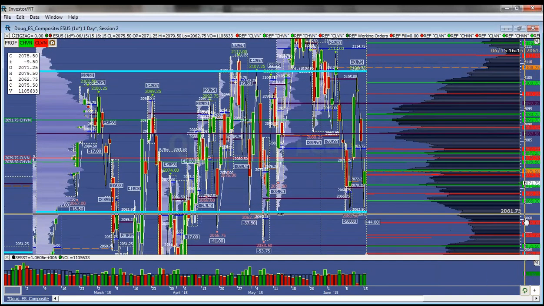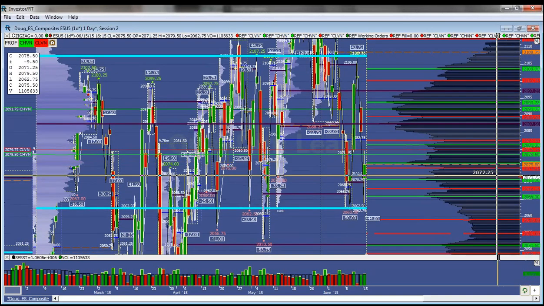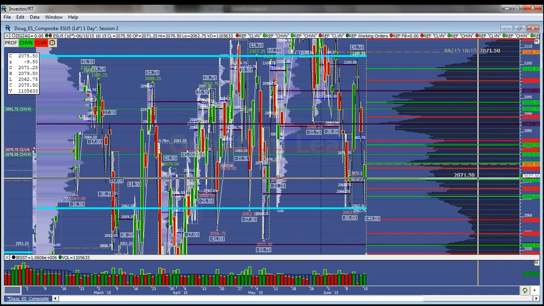It's sometimes difficult to grasp when you get a double distribution and you get that LVN area between the two distributions, and you have to consider it as balance because it's a long-term price acceptance level. So just remember that we may not move too quickly off of here, so make sure that you've got a clear break above 72 or a clear break below 70.